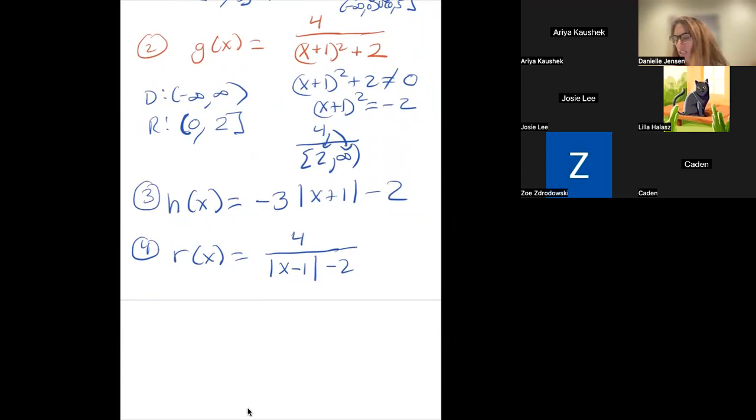So I wouldn't do anything more complicated than this because we're actually going to do a ton with absolute value in the next unit. I can only go so far into absolute value stuff, but you could do something like these too.